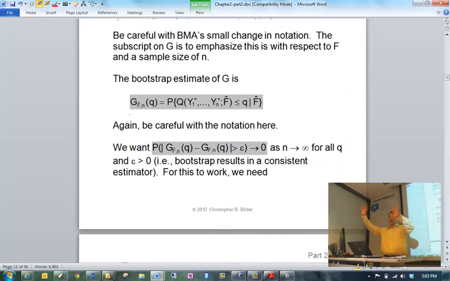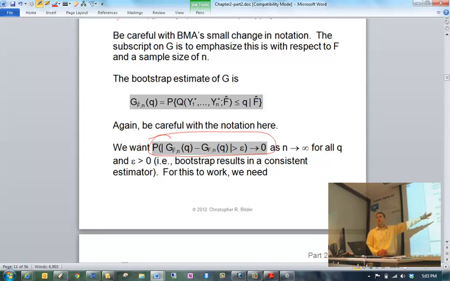What we want in a very mathematical sense is this. The difference between these two CDFs at that same point, we want that distance to get small. In other words, the probability that the absolute value of the distance is greater than some number epsilon greater than 0 goes to 0 as n goes to infinity.